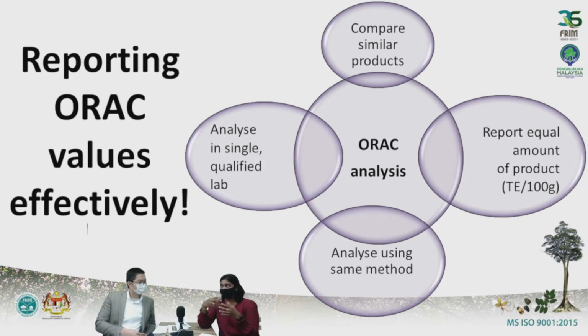For example, if you have an extract of a particular plant, make sure you use the same species of plant for your comparison. And please make sure that the analysis is done in a single and qualified lab, using the same method. And for the reporting of value, please make sure that we report using an equal amount of product, for example, Trolox equivalent per 100 gram basis.